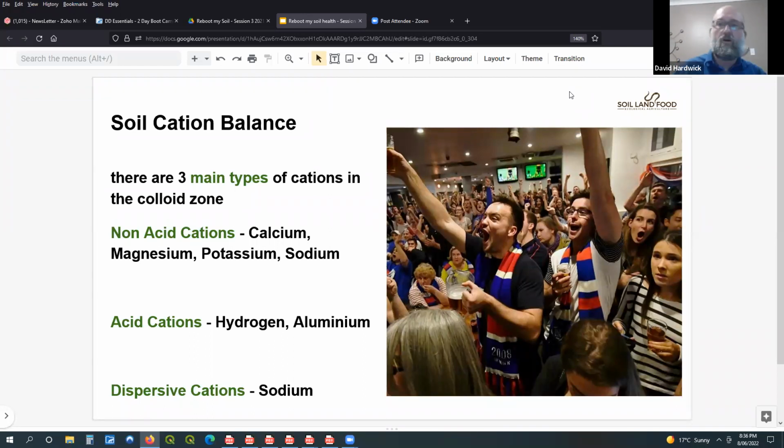Not for nutrient cycling directly, although it does relate to it, but for soil function, it's the balance of these fans. And this is an area of agronomy that's a bit contentious, or it can be a lot contentious, because different agronomists have different theories about what's important when looking at cation balances.